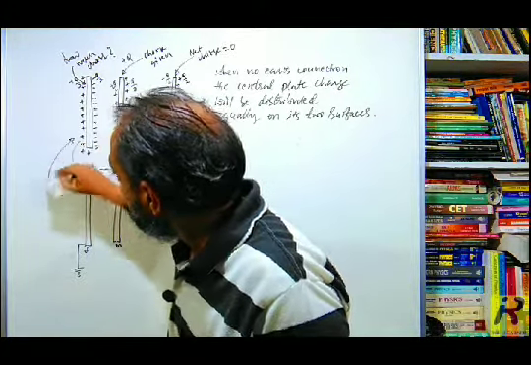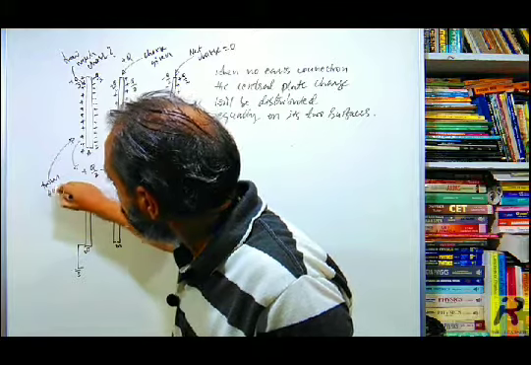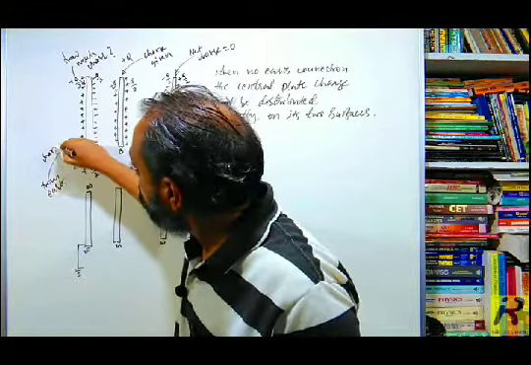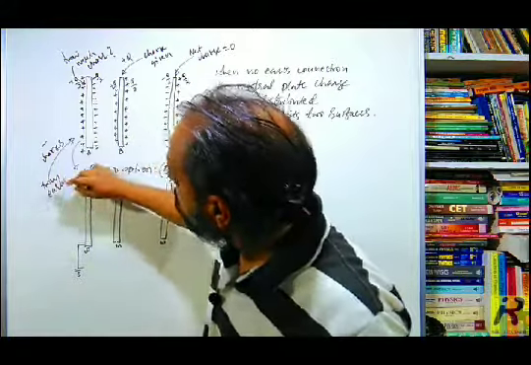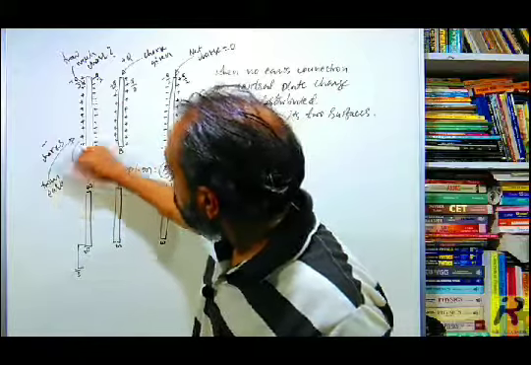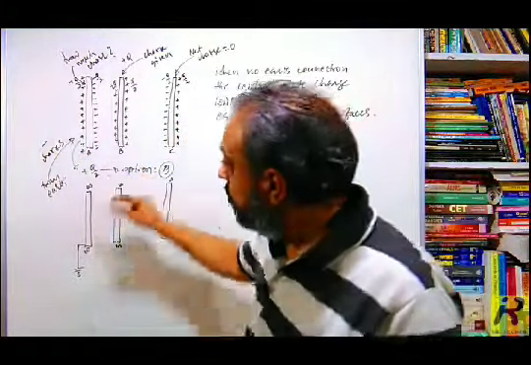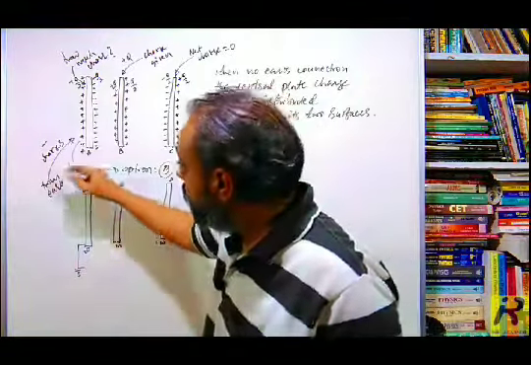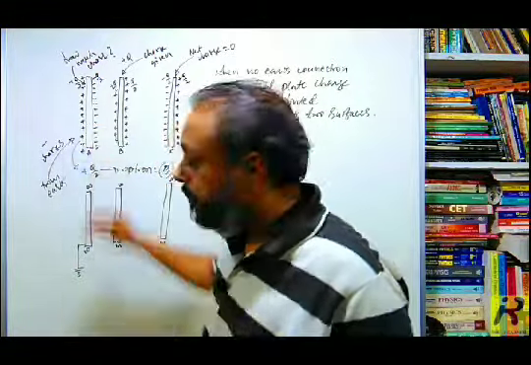From earth, negative charges flow into this side of the plate. Soon the plus Q by 2 is neutralized by electrons coming from earth.